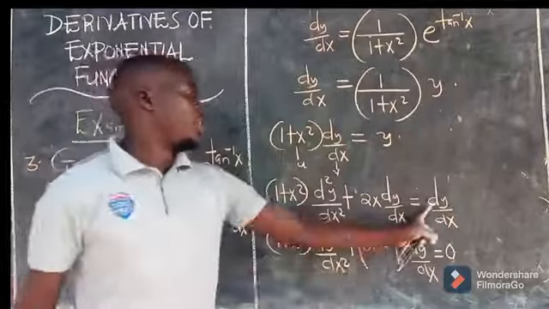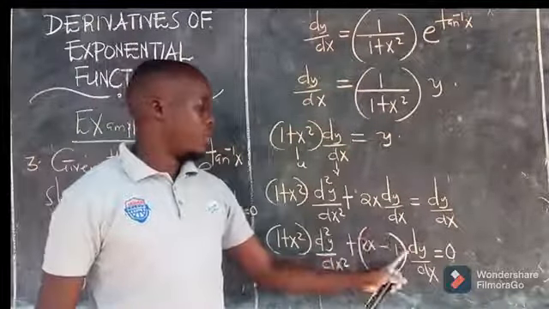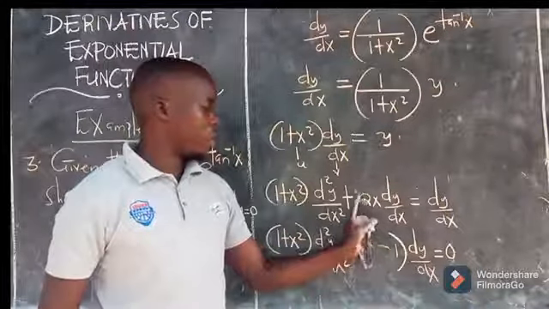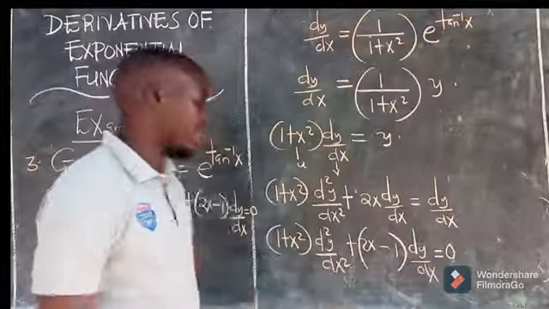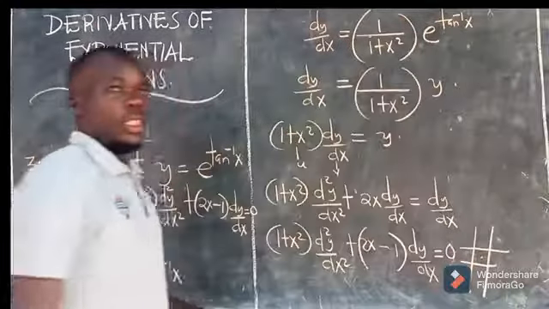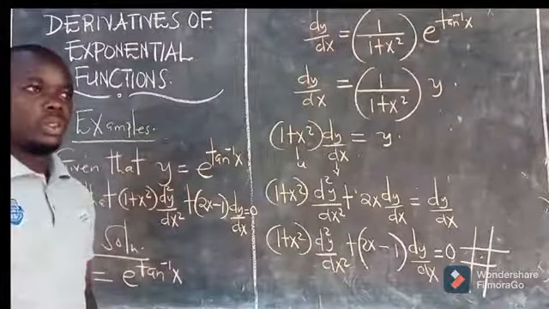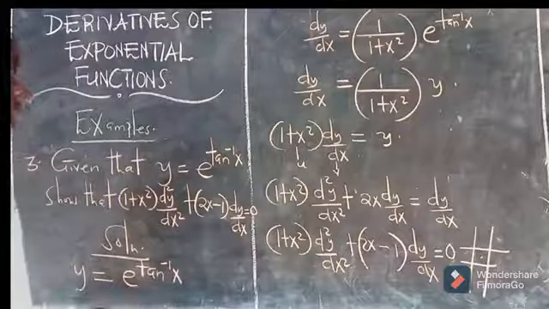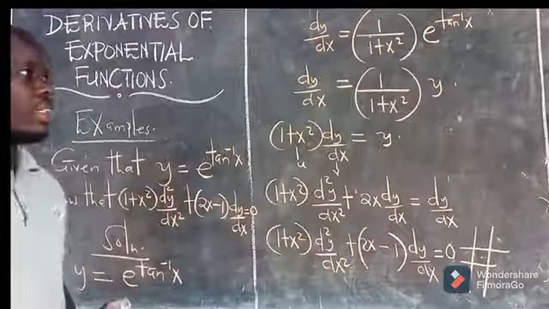Because I already moved this side, I pulled out the common factor, which was dy/dx, and I remain with 2x minus 1. And that is exactly what they wanted us to prove. So that is how easy these numbers are.